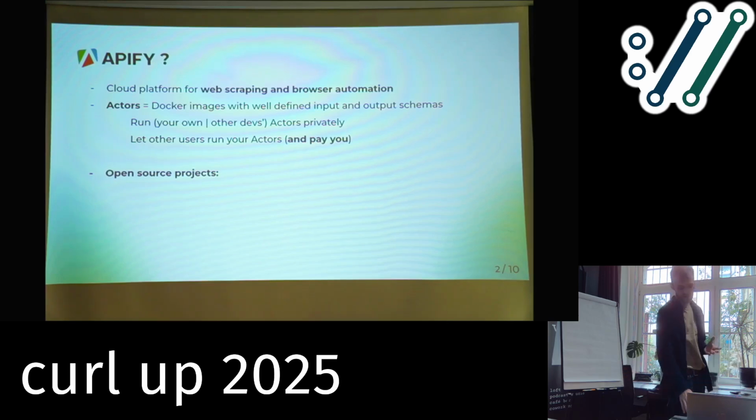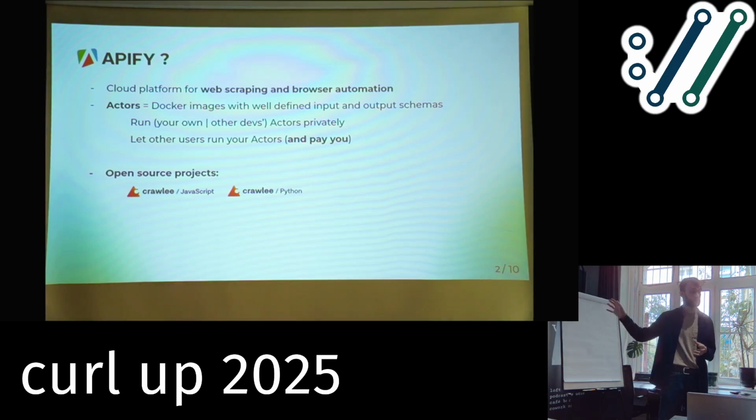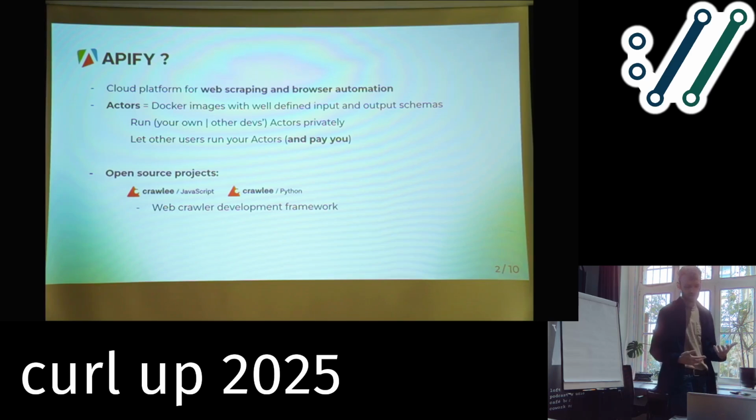The largest projects we maintain are Crawlee for JavaScript and Crawlee for Python. This is a web crawler development framework. We also have our own devs maintaining our own actors, and therefore we needed a way of writing those actors easily, so we don't have to repeat the same thing, crawling the page again and again.